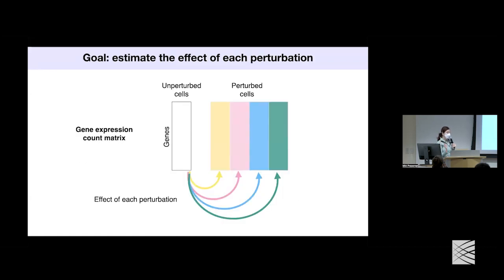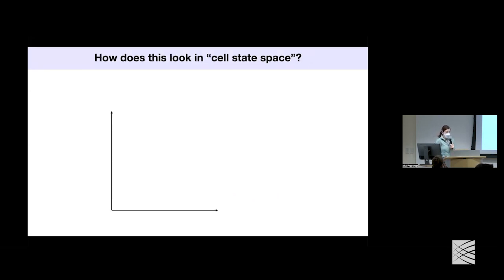Let's say we did a bunch of different perturbations in a pool, and we want to estimate the effect of these perturbations. This is what it would look like in an abstract cell state space. Here's the original unperturbed cell. Maybe the first perturbation takes you up in this space. Maybe the second one does a completely different thing.